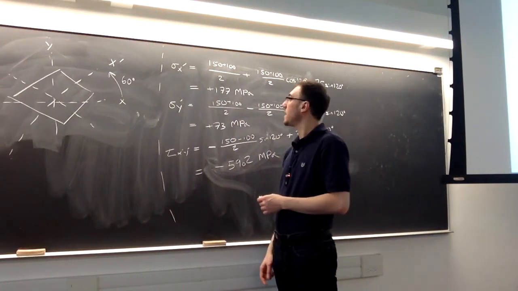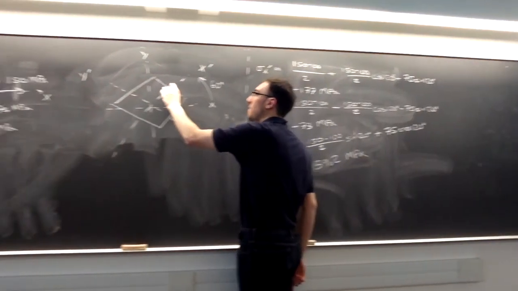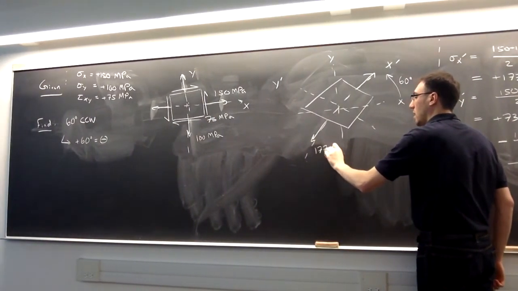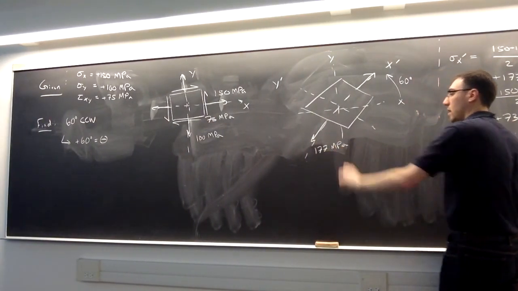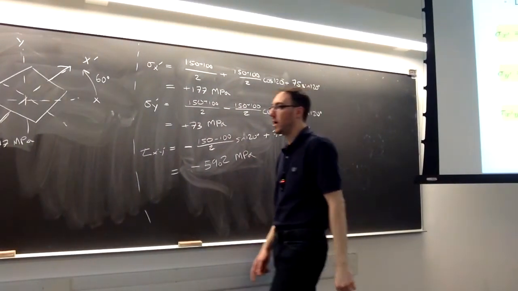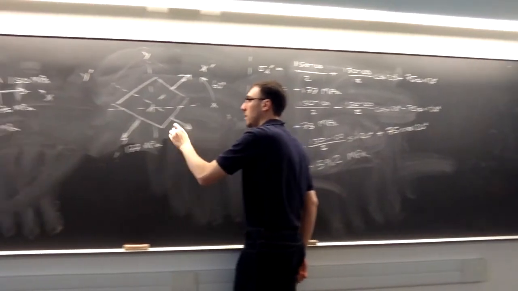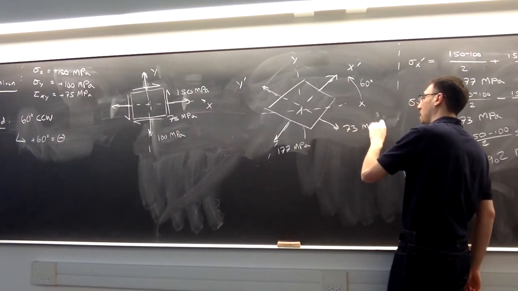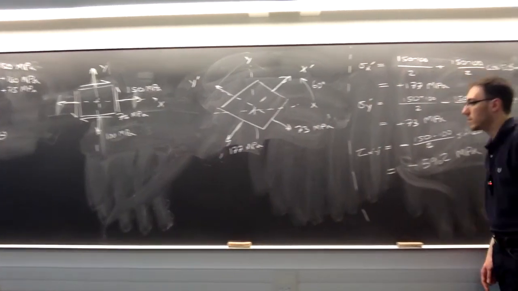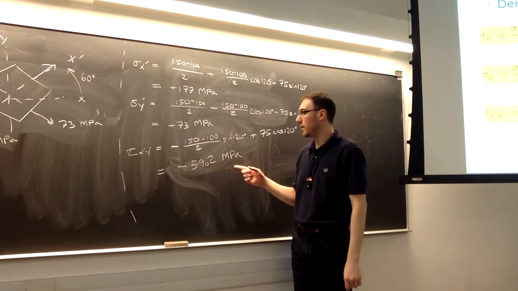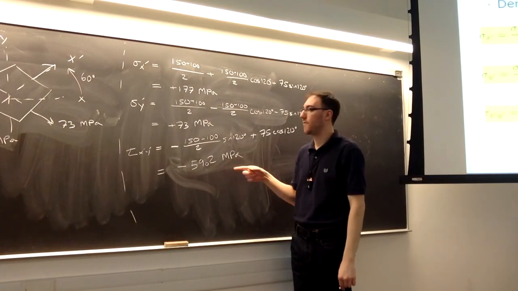On our new x face, a tensile 177. On the new y face, also a tensile, but 73. And here, at least compared to our original picture, we flipped the direction of our shear stresses.